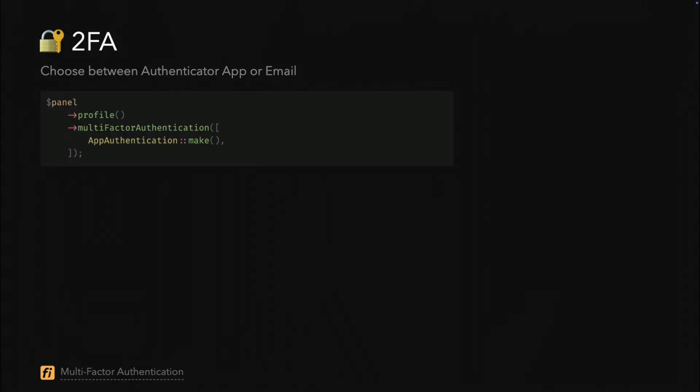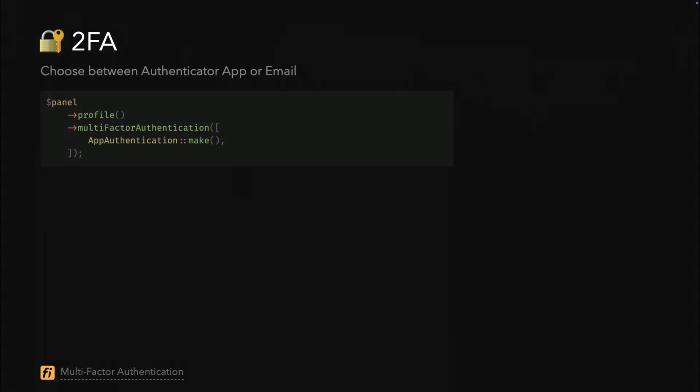And last but not least, what do all devs love? Built-in security. Before you had to use the Breezy package, which integrated the Laravel Breeze functionality into Filament. With v4, we have that built in. So all you need is a profile page. You can use the built-in one, which has all the functionality integrated.